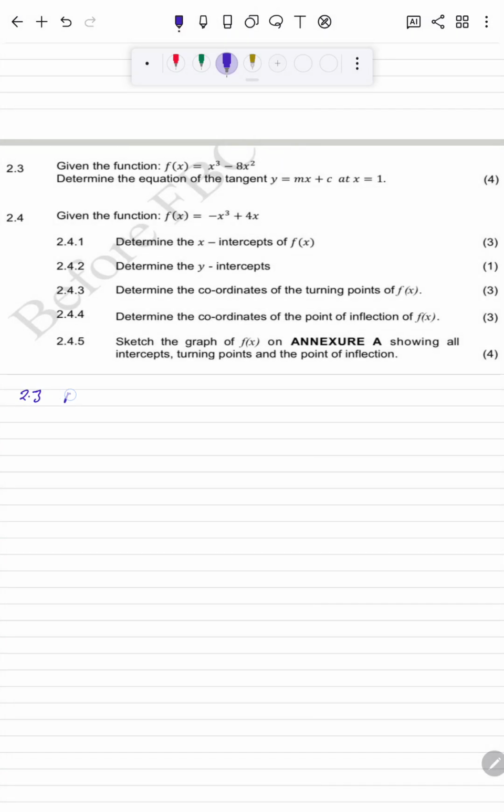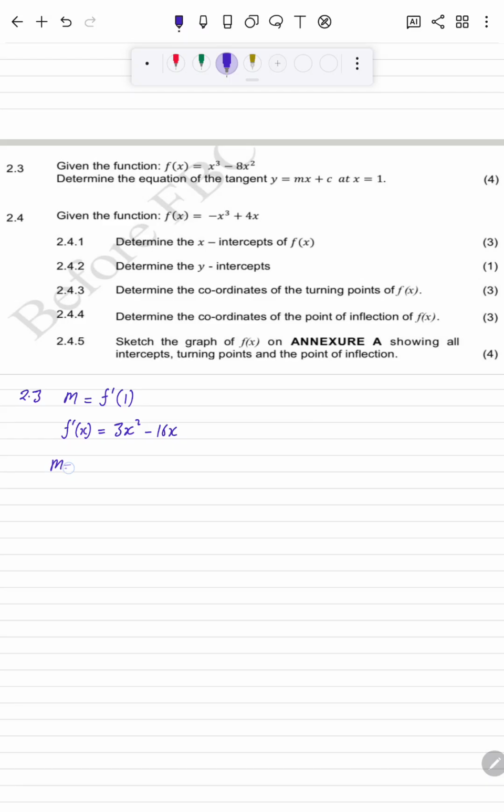The gradient, remember, m is f prime, but they told us at x equals 1. So you're going to find f prime of x. That's going to be 3x squared minus 16x, when you find the derivative of that.